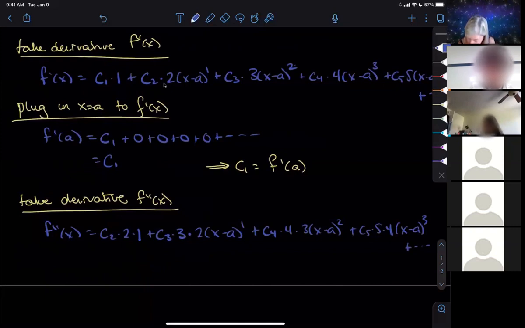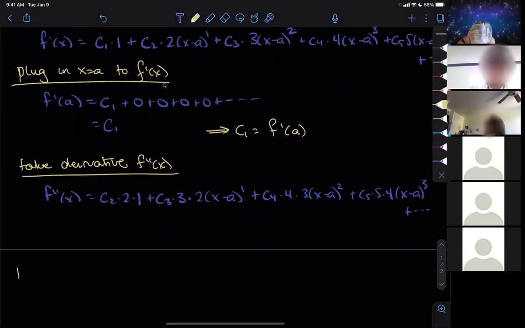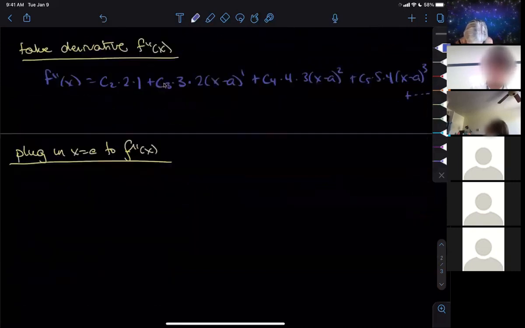Hope you can see what I'm going to do next. Can you tell what I'm going to do next? Yeah, we're going to plug in A. Yeah, thanks, Nate. We're just going to plug in A and keep cycling through. So let's plug in x equals A now to f double prime. Okay, here's f double prime.